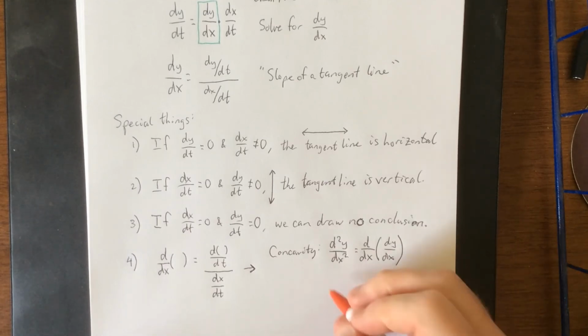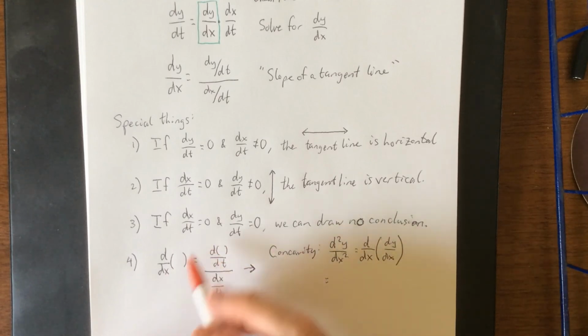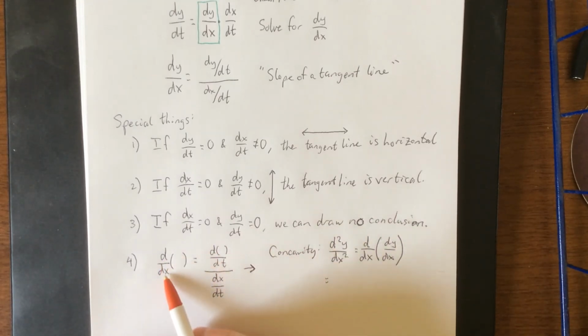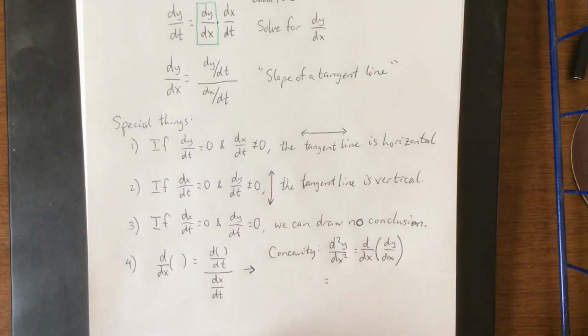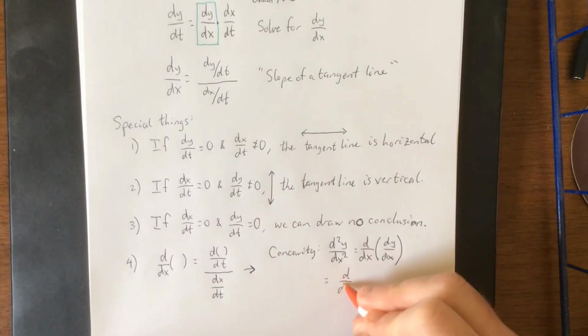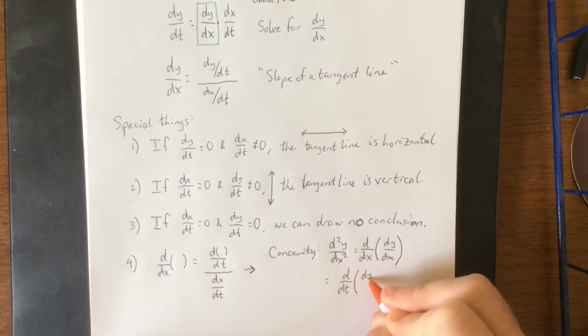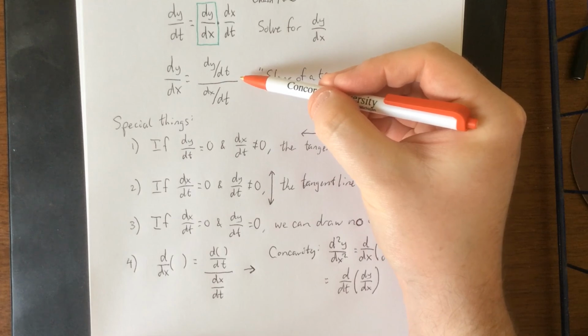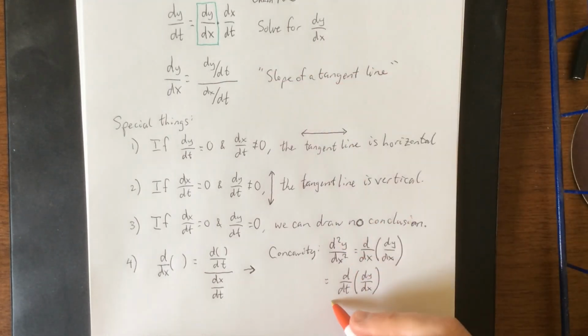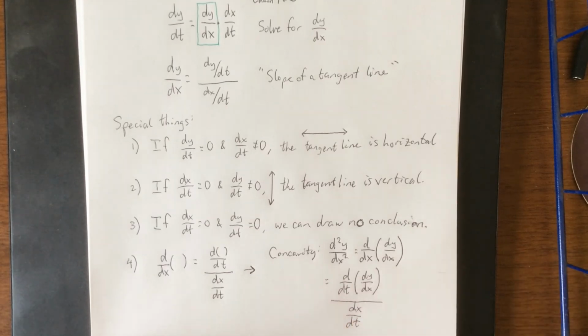So with that in mind, if we apply this mindset that we had back here of take the derivative with respect to x of this thing and apply this formula, we can conclude that this will be the derivative with respect to t of dy over dx. That is what we got back here. That'll probably involve using the quotient rule, divided by dx over dt. We'll see in the next video a couple examples of making use of these formulas for the slope of a tangent line as well as concavity.